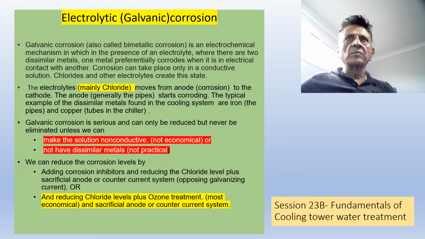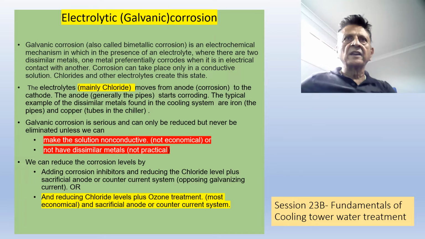This is also called bimetallic corrosion because it is an electrochemical mechanism in which, in the presence of an electrolyte and two dissimilar metals, one metal preferentially corrodes when it is in electrical contact with the other. So corrosion takes place only in conductive solutions. Chlorides and other electrolytes create this state.